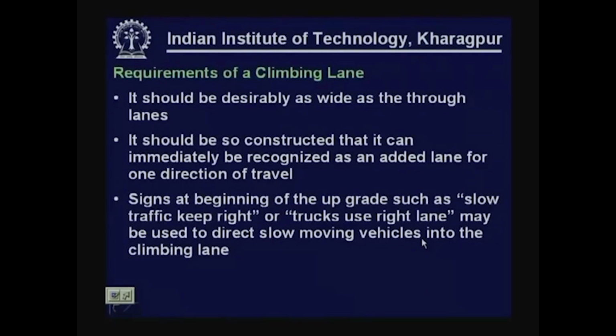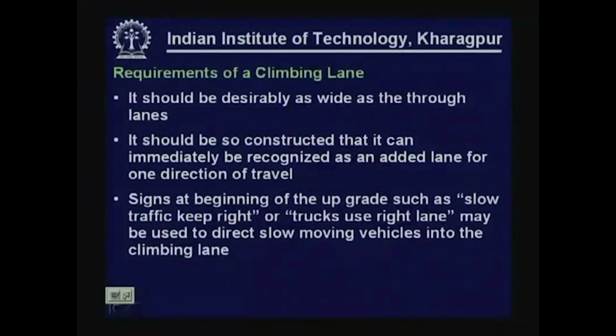Then what are the requirements of a climbing lane? That means, the ideal characteristics of a climbing lane, some of the characteristics that you should keep in mind. It should desirably be as wide as the through lanes.